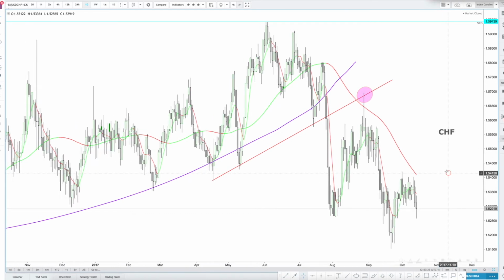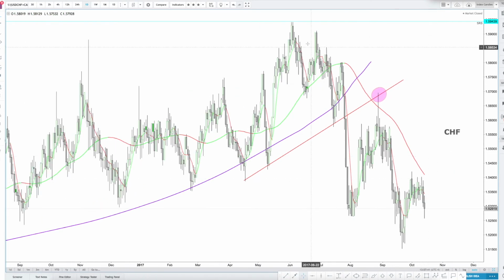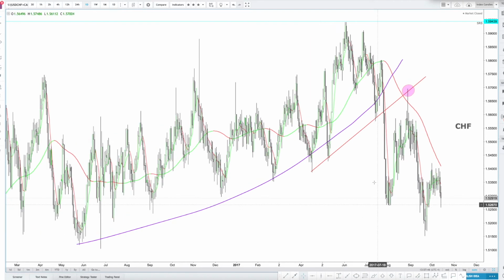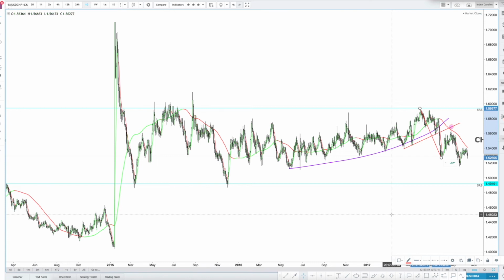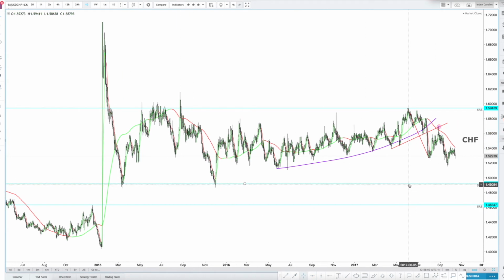So Swiss franc. We're making this structure here, and there's a potential for a measured move. So from these highs to this pivot here, and of course we have all kinds of support here. I need to throw in this guy right here as well. This is a major support here.